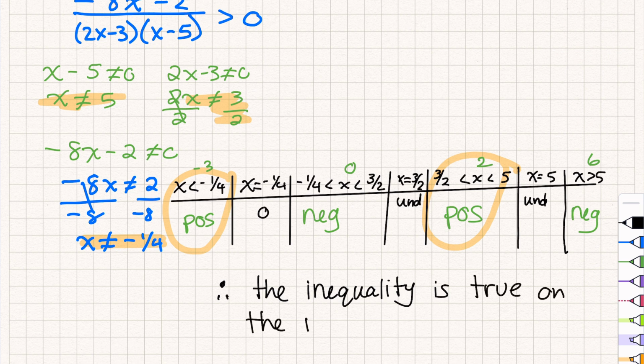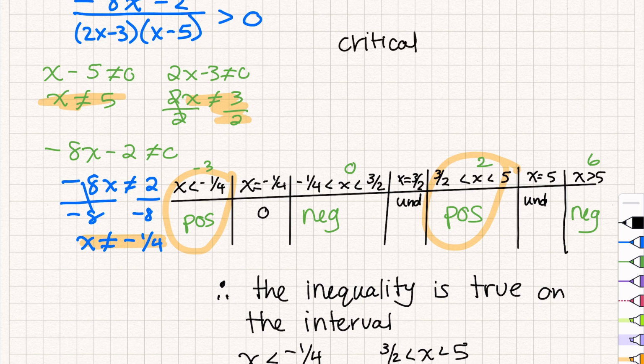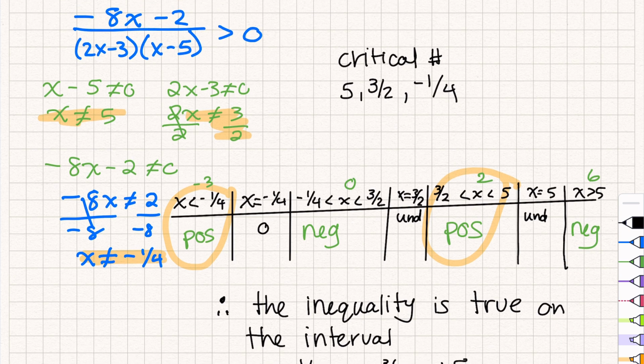It's true on the interval when x is less than -1/4, and when x is in between 3/2 and 5. Okay, so we used those critical numbers. So 5, 3/2, but also -1/4, because it cannot equal 0 either. And when we use those, we're able to solve the inequality.